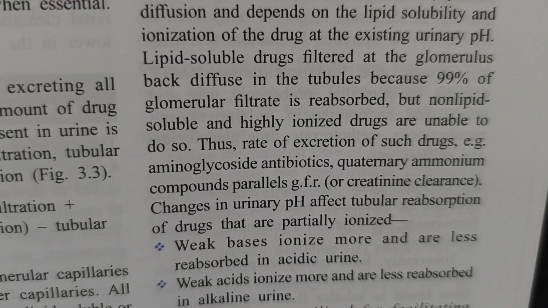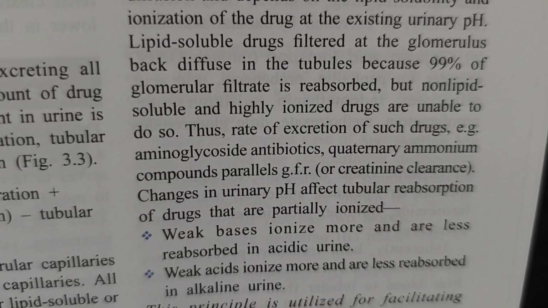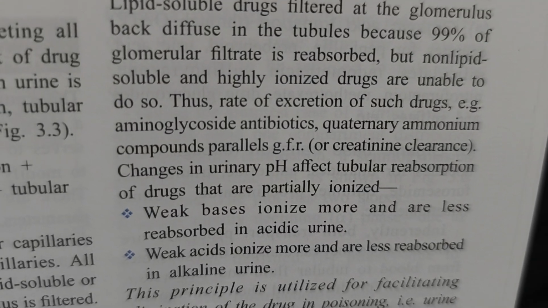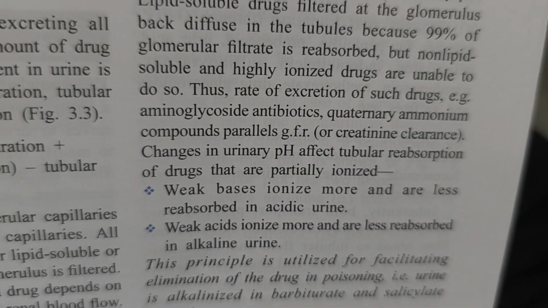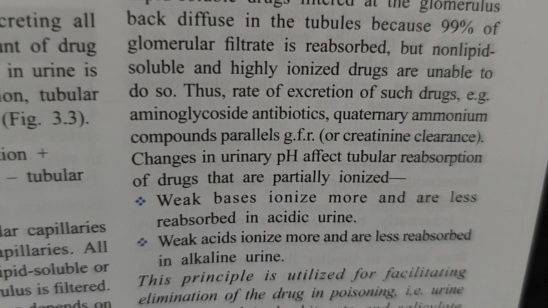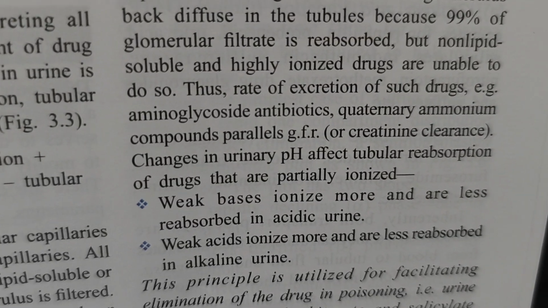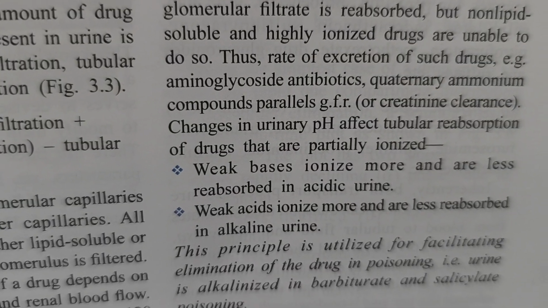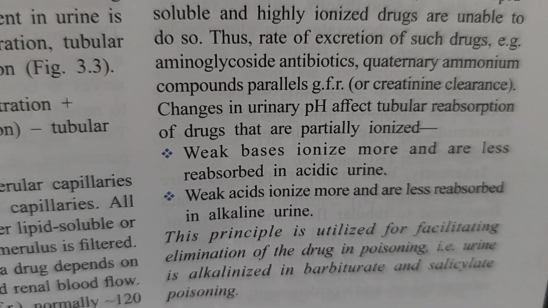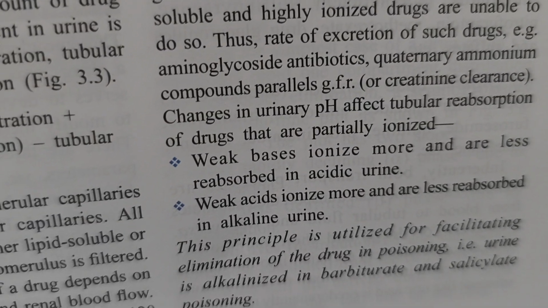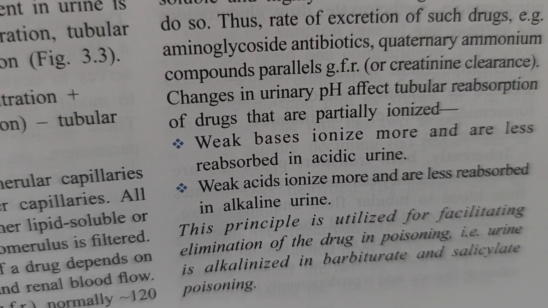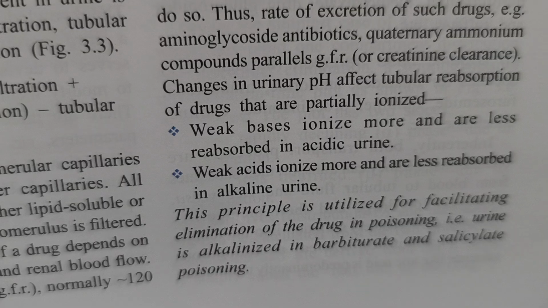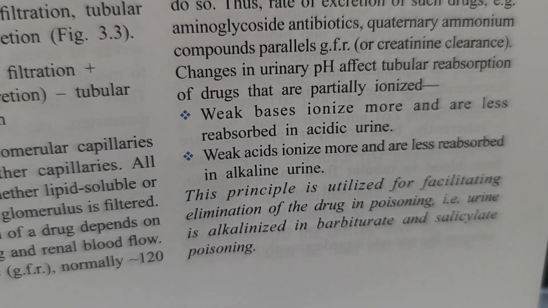Lipid-soluble drugs filtered at the glomerulus back diffuse in the tubule because 99% of the glomerular filtrate is reabsorbed, but non-lipid soluble and highly ionized drugs are unable to do so. Thus, the rate of excretion of such drugs, for example aminoglycoside antibiotics and quaternary ammonium compounds, parallels GFR or creatinine clearance.